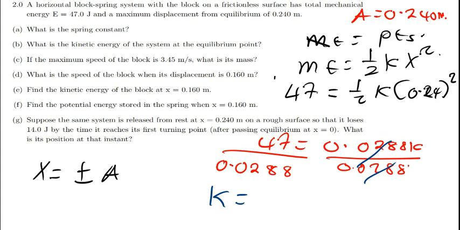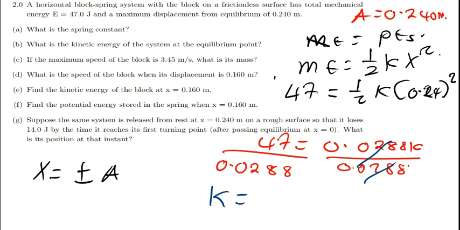Let me just redo it. We have 1 over 2, which is 0.5, times 0.24, then I square it. So 0.0288. Okay, that's cool.